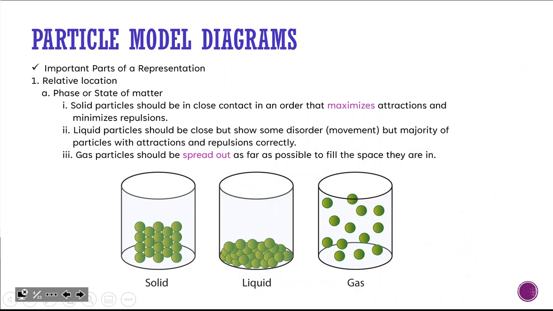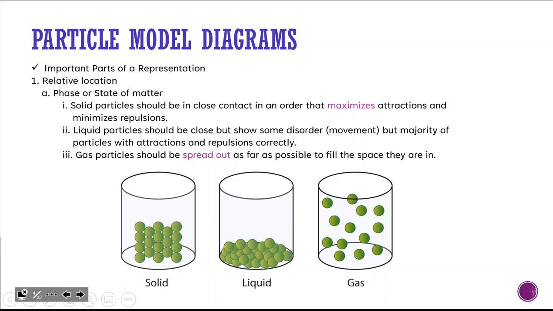So one thing to think about too, starting off with what's the criteria, what do we need to care about, important parts of the representation. Relative location, and that usually has to do with the phases of the matter or the states of the matter. Solid particles should be in close contact in order to maximize attractions and minimize repulsions.